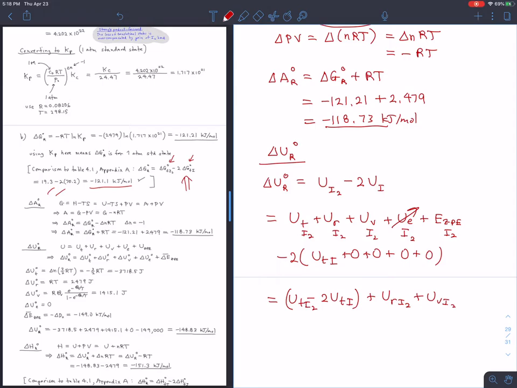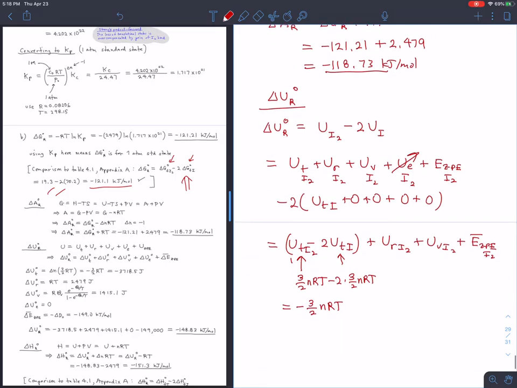There is no electronic contribution to the energy for I2, plus EZPE for I2 per mole. This is just 3/2 nRT, right? And this is just 2 times 3/2 nRT. And so that's equal to just minus 3/2 nRT. That's the translational contribution.